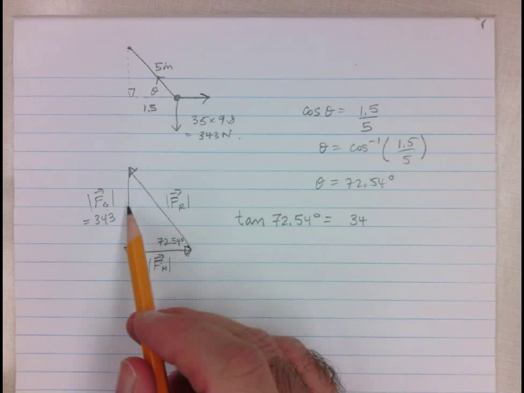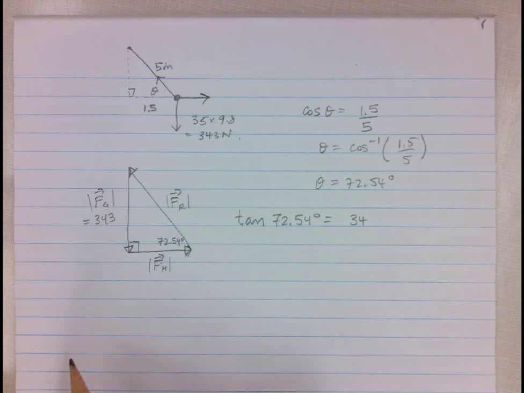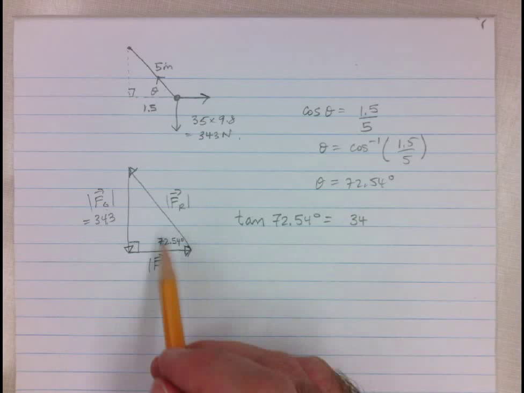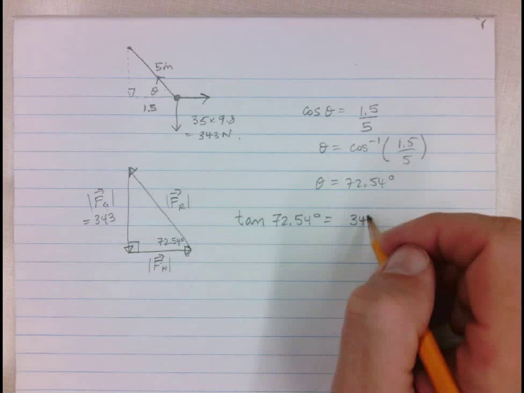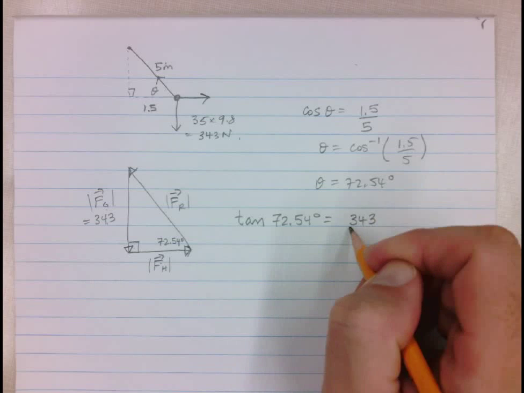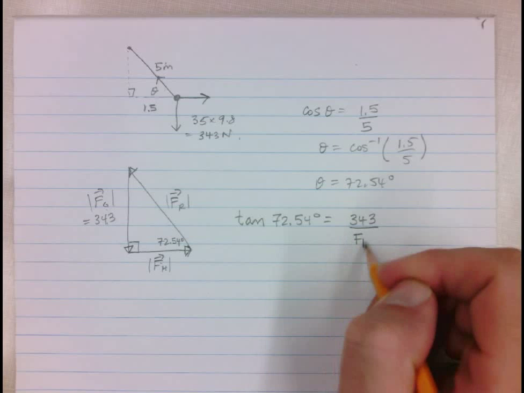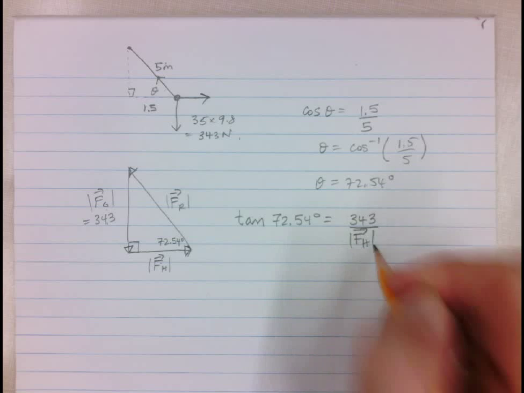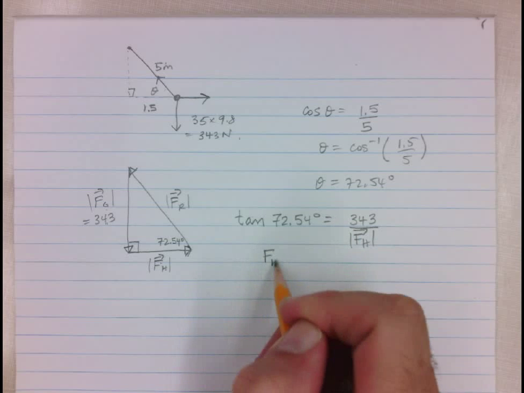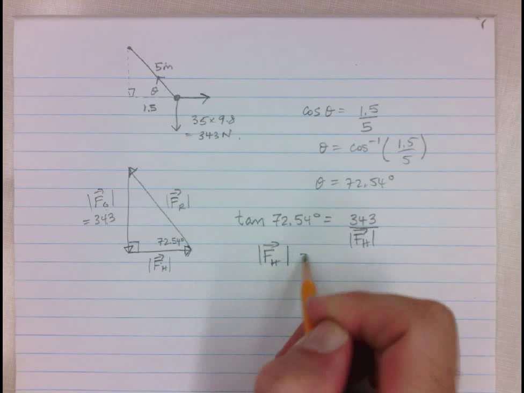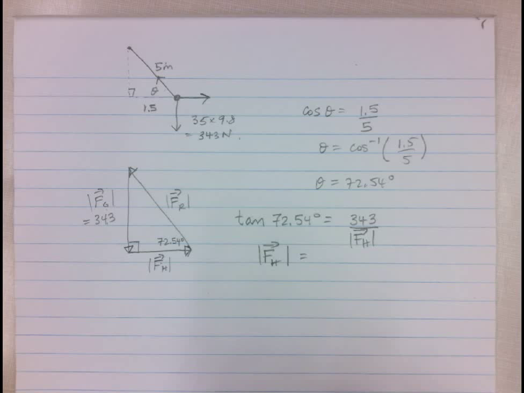Here we've got opposite and adjacent, so we'll be using tangent. Tangent of this angle is the opposite side, 343, over the adjacent, which is the one I'm looking for. Sorry about that, folks. Let's calculate this quickly.